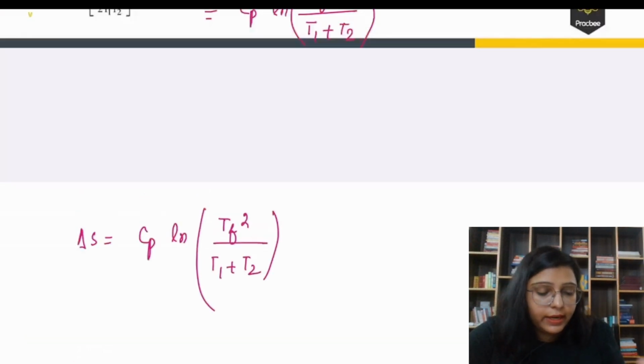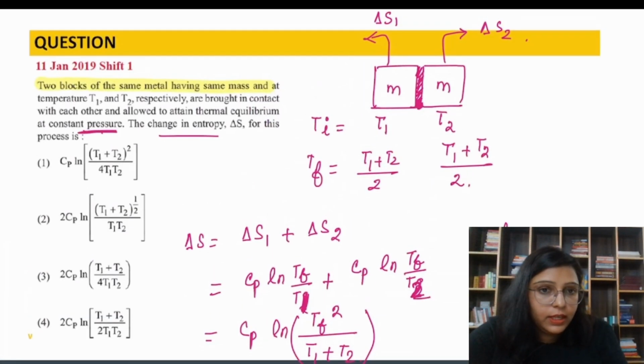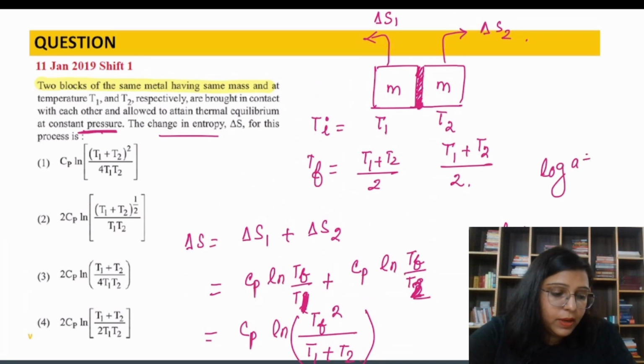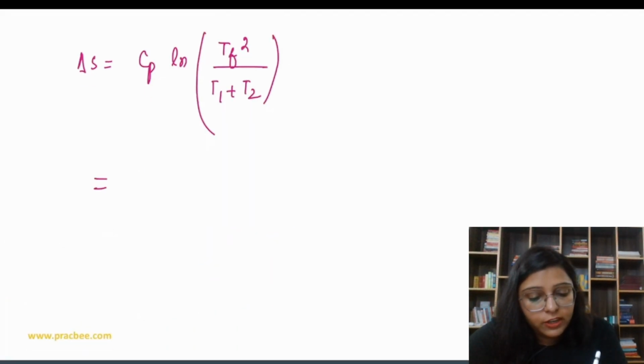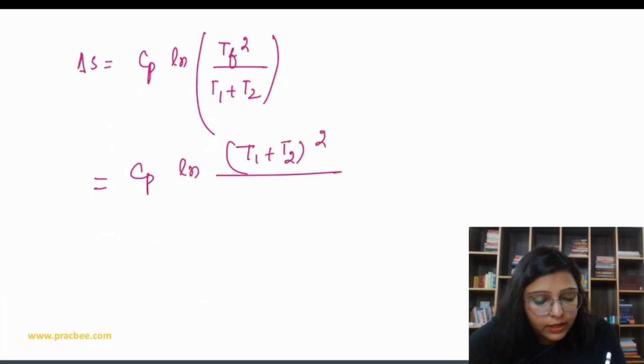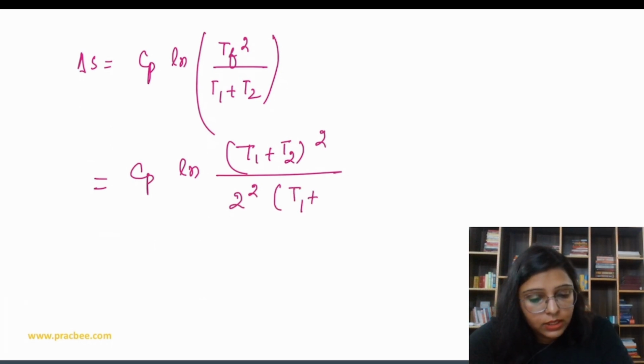We have used this identity: log A plus log B is equal to log A dot B. So we have used this identity over here. Now let's put the value of Tf. So Tf is, Cp ln (T1 plus T2) whole square divided by 2 square, and here T1 T2.